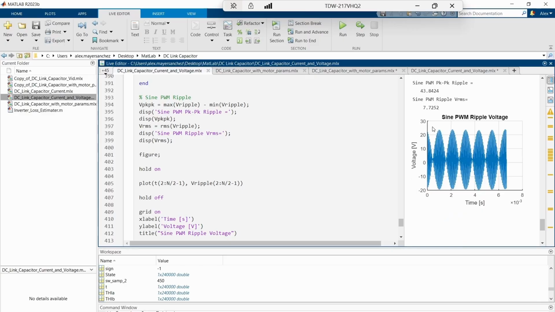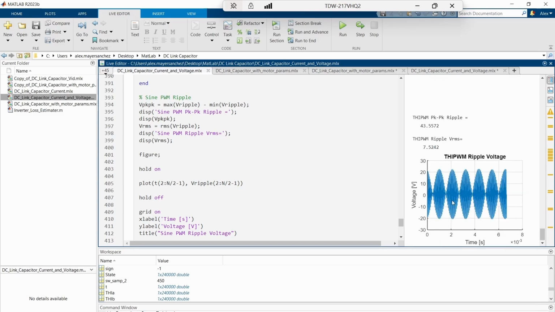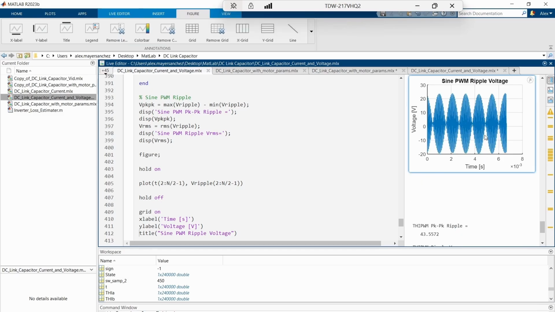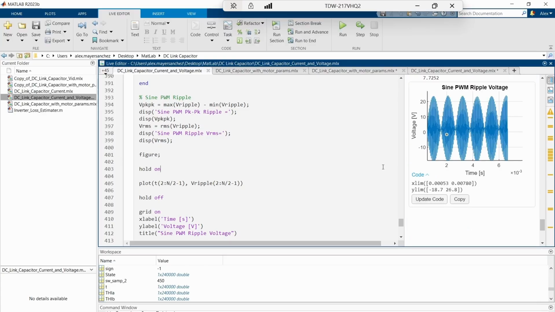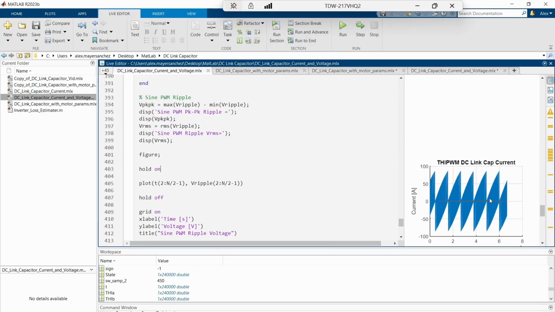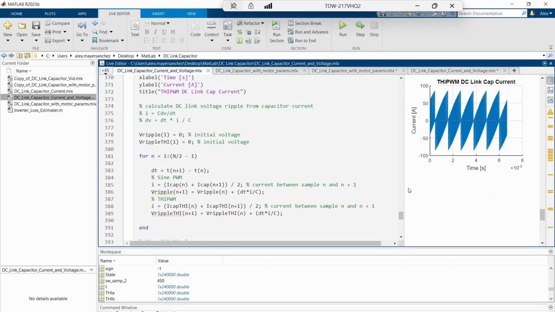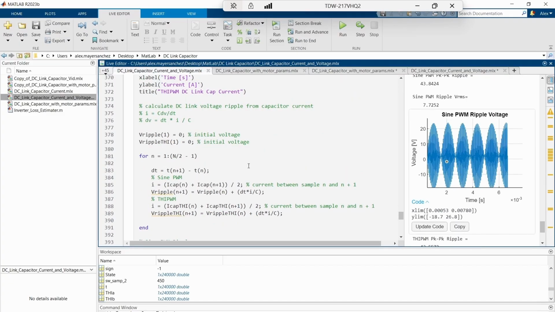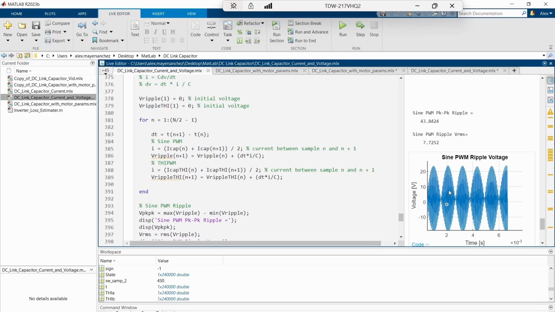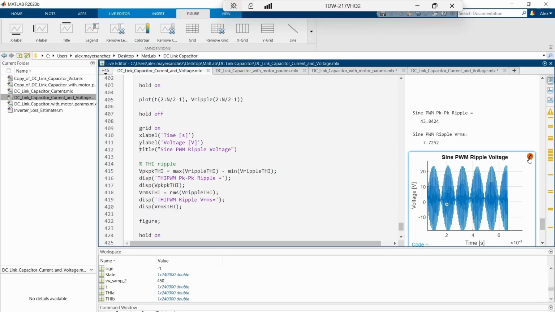So right now we're getting pretty crazy 43.8 volts peak to peak on this sine PWM, and 43.5 volts peak to peak on this third harmonic injection PWM. And basically, this plot is just the voltage ripple on the DC bus.